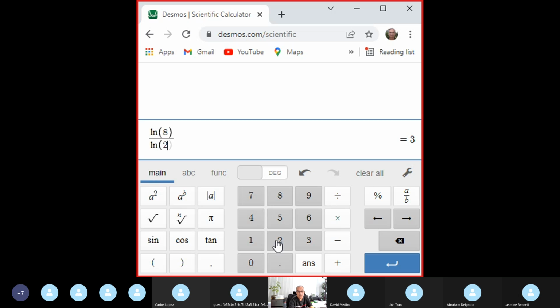This shows us that it doesn't matter what logarithm you select. The answer is completely independent of the base you select, whether it is 10 or e. Okay, one more example, and you help me.